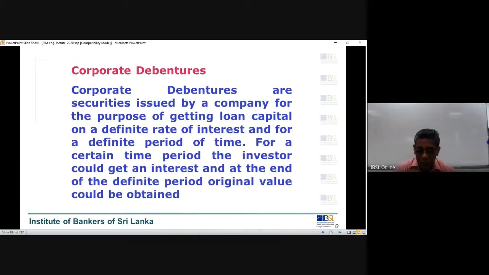The next one, a very famous one, is issuing a corporate debenture. Now, I don't want to explain that in detail. Debentures are long-term financial debt instruments.